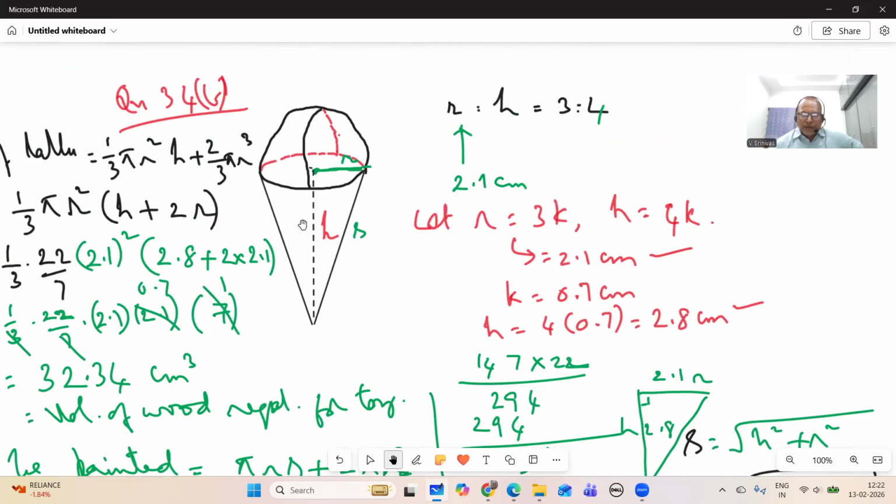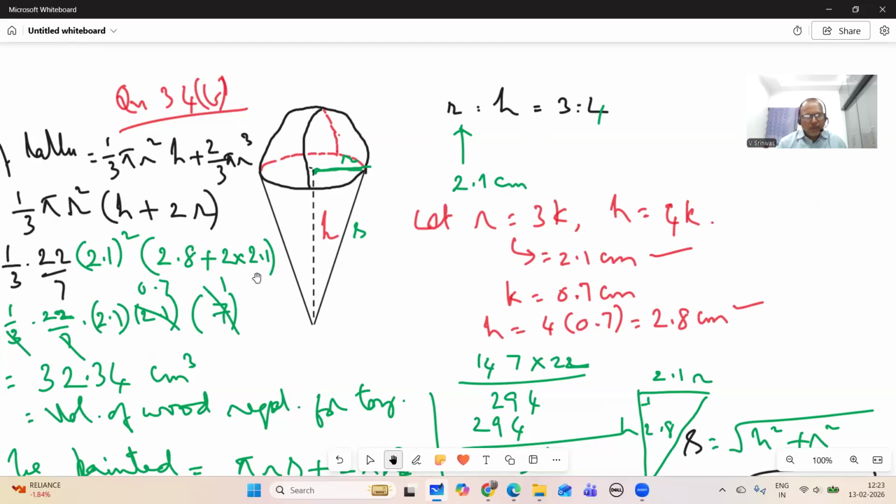So what we have done, we are given a toy, it is a cone with a hemisphere mounted on that. And this hemisphere and this cone have the same base, same radius. The radius and height of this cone are in this ratio, and the value of the radius is given. So from this, we can calculate the value of the height of the cone.